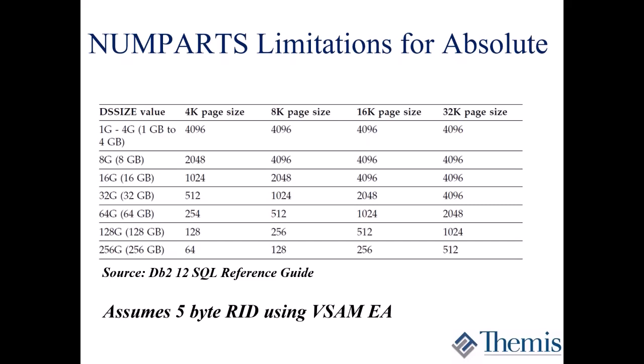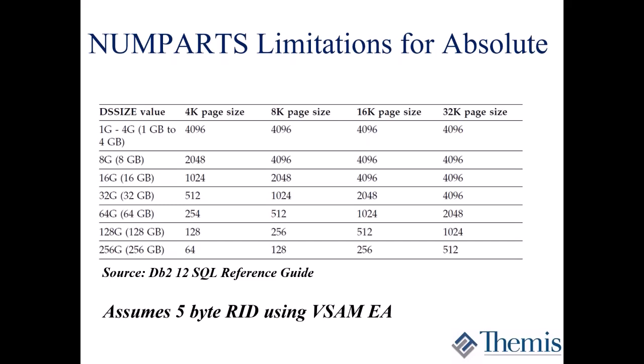So you can theoretically have 4,096 partitions, but if you look down the left column for the 4K page size, yes, we can have 4,096 partitions, but if your DS size goes bigger than 4 gig, then the number starts going down.